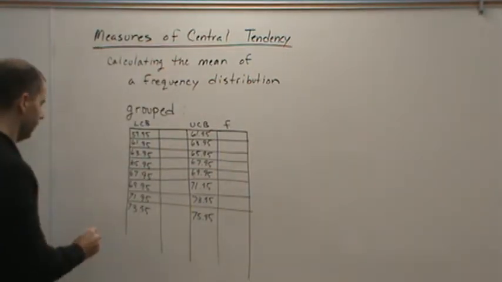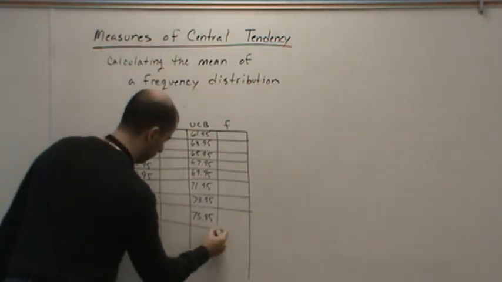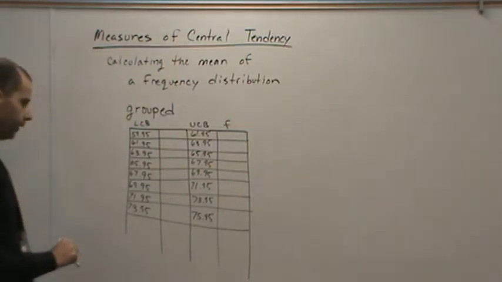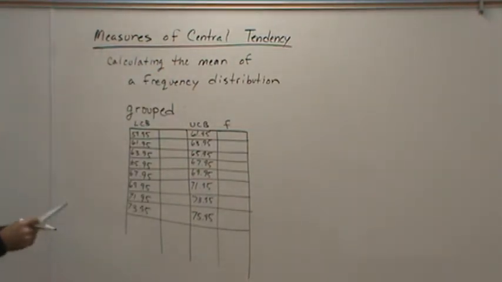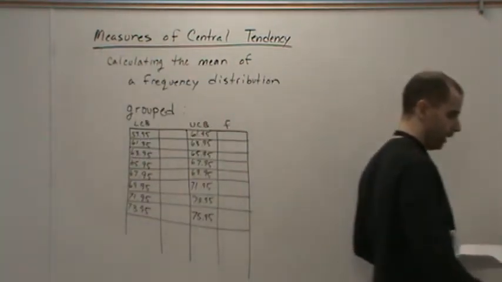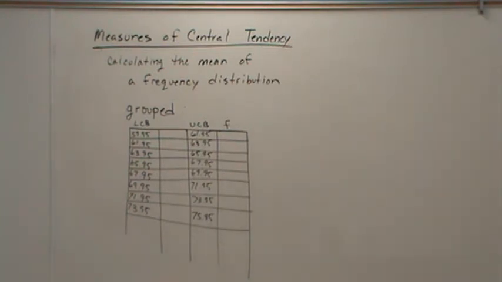Okay, now what's the middle for? Well, a couple of things. Well, we don't have the data. That's the main thing. In this case here, we don't know what the data is. All we have are the classes. So we don't know what the data values are that fall into those classes. So what do we do?